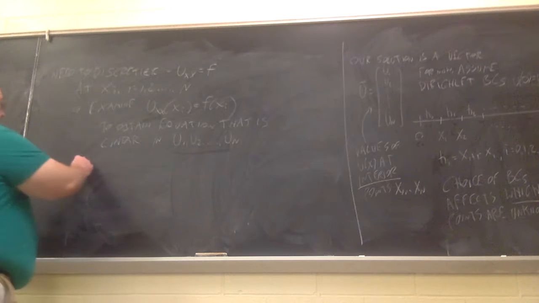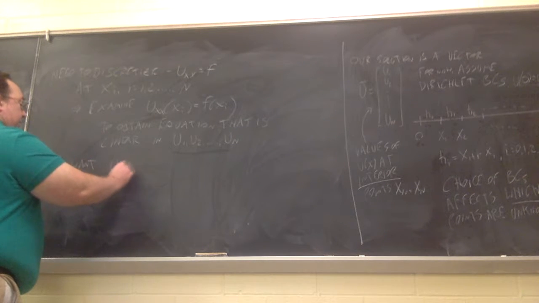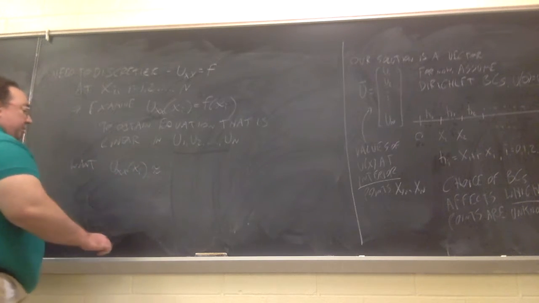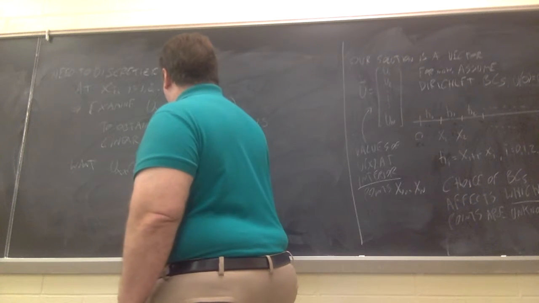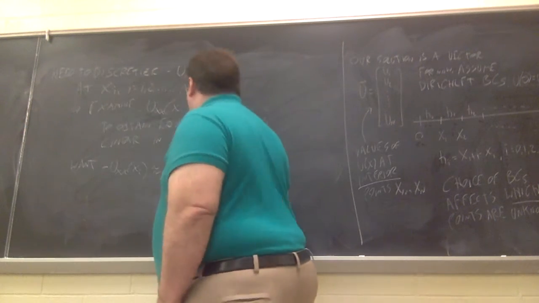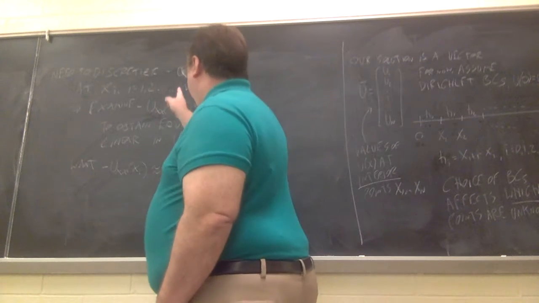So an approximation of this form: uxx at xi is approximately equal to a sum, well, minus, because it comes from the equation. Sorry, forgot the minus.